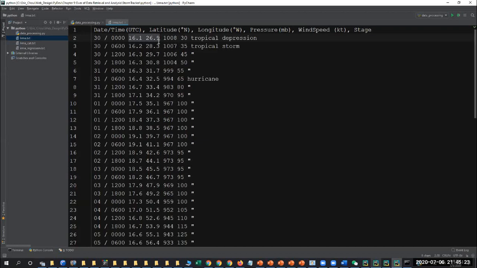I mean these two numbers, 16.1 and 26.9. Latitude and longitude, which one do I need to multiply? Longitude, because longitude is west. I need to turn them to be negative.